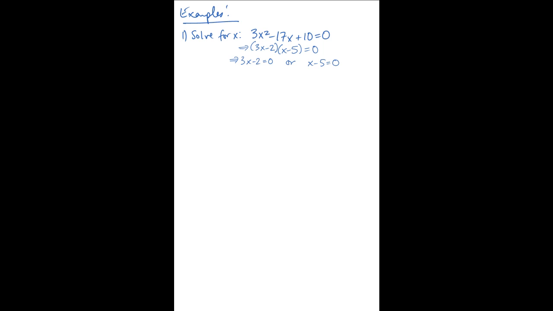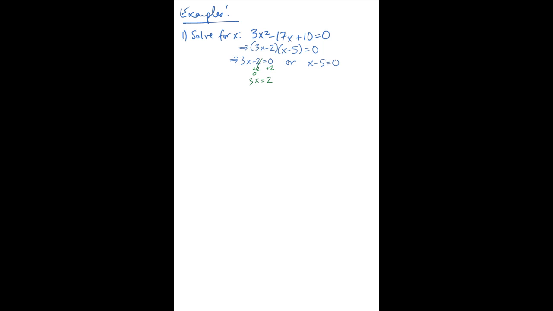Now each individual equation I can go ahead and solve. The opposite of subtracting 2 is adding 2 to both sides, so that cancels to 0. So I get 3x equals 2. Then I want to get rid of 3.